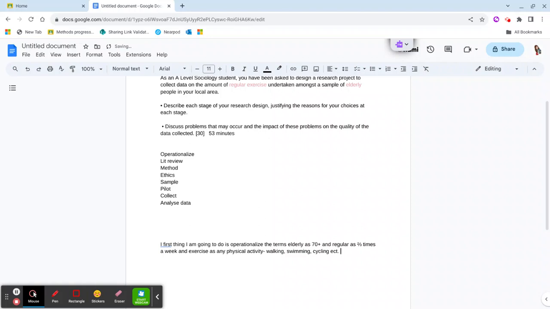So operationalizing these terms makes them measurable and easy to understand.